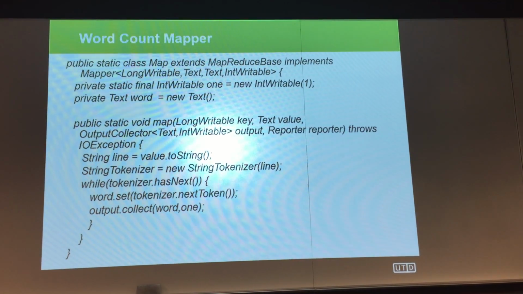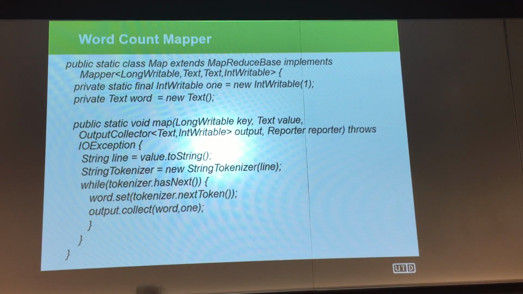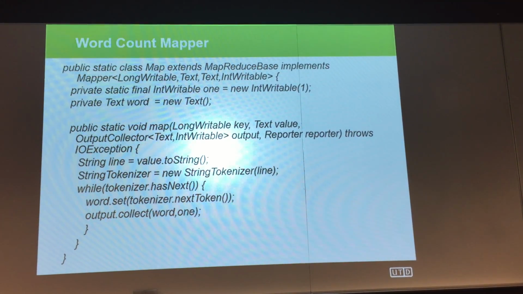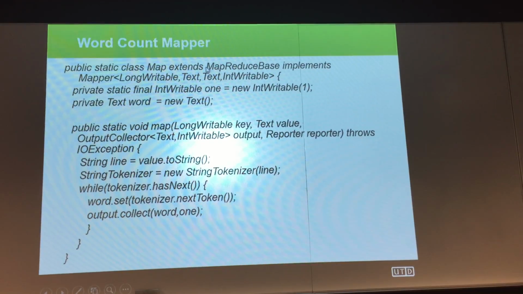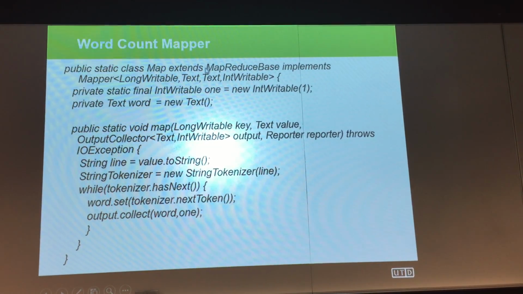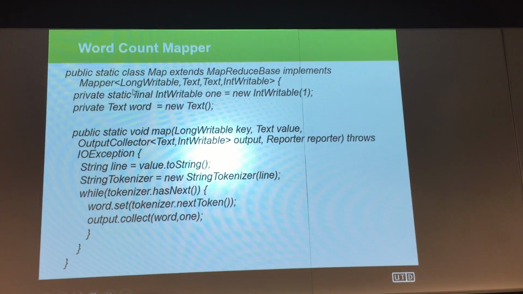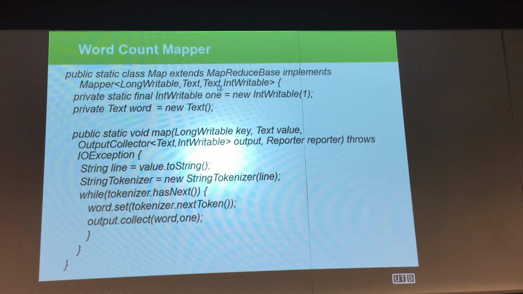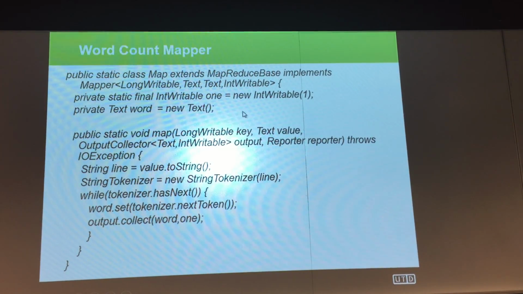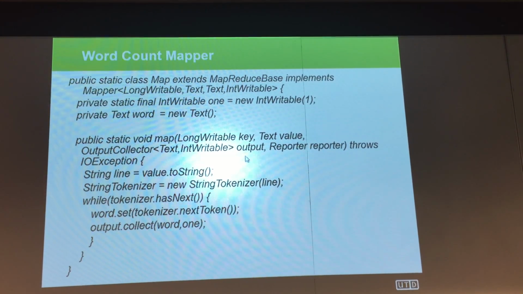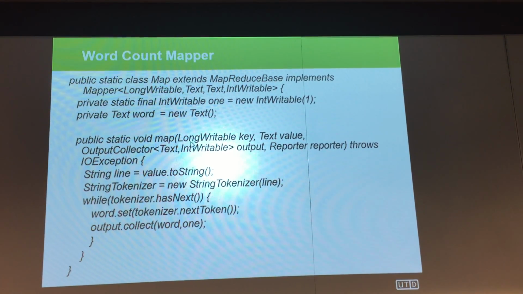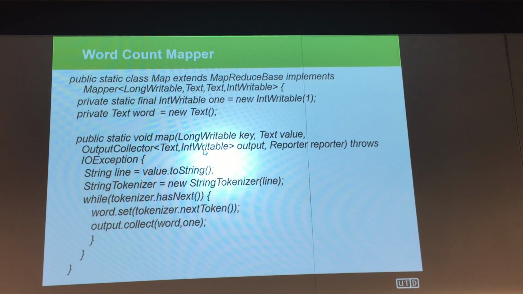This is an example of code which does what I have just shown you. This is the map function. It extends MapReduce base, implements mapper, and these are the parameters that it takes. Then the map takes the key and the value.